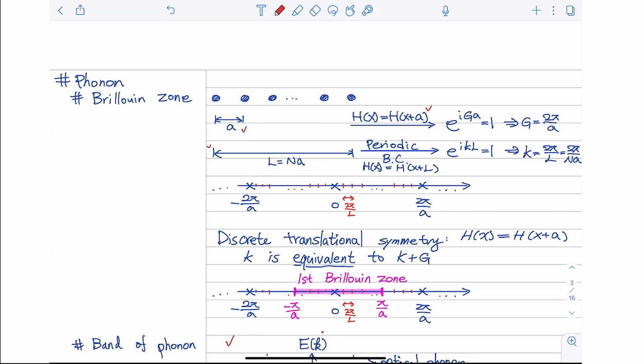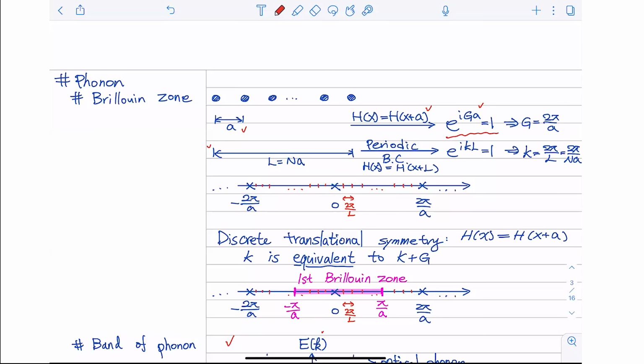Because of that condition, and if we assume that the eigenstates are some kind of wave-like wave function, then eventually we will require this condition to hold: exponential i G a equals 1.